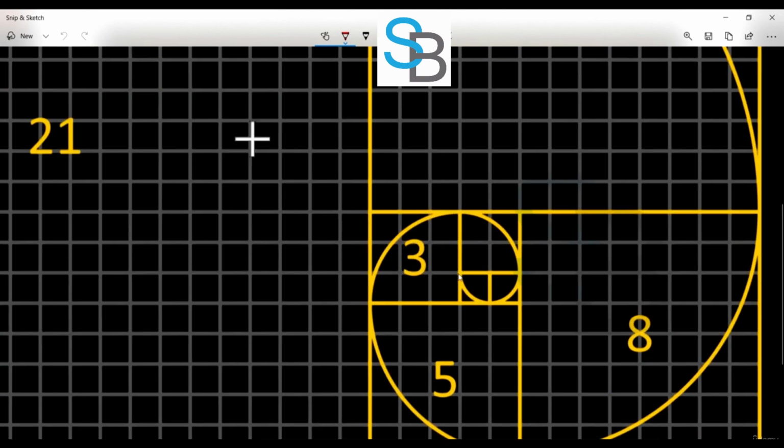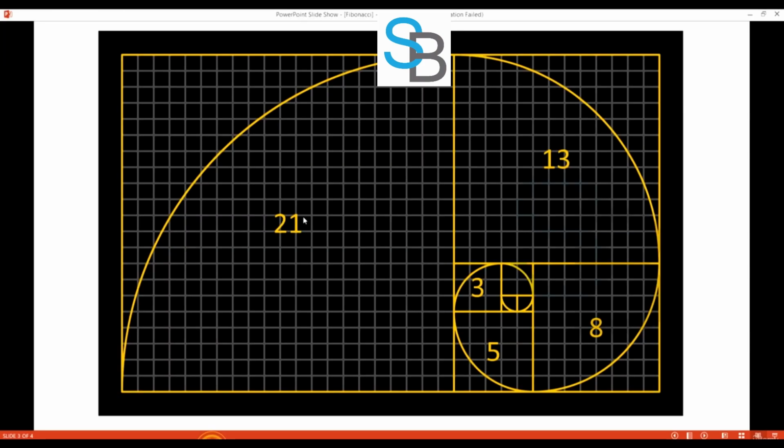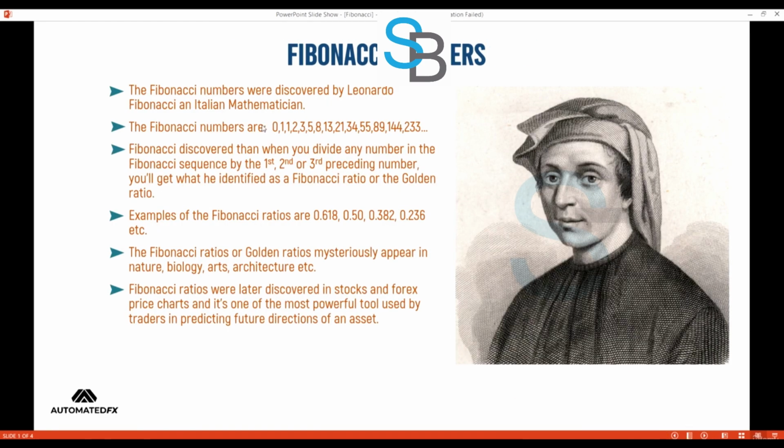They chose the first box here, so this represented 1, then this represented the next one. Remember, there are two 1s, the first one and then the second one, then we have 2. So they represented them in boxes.